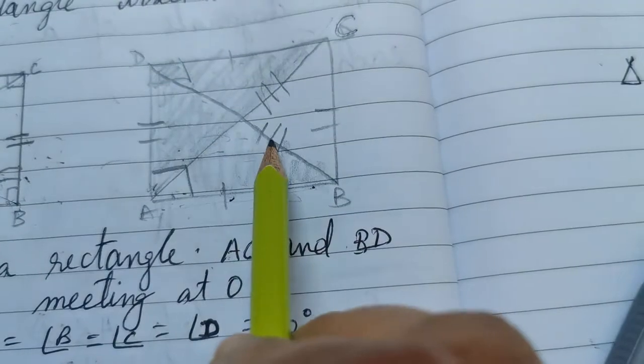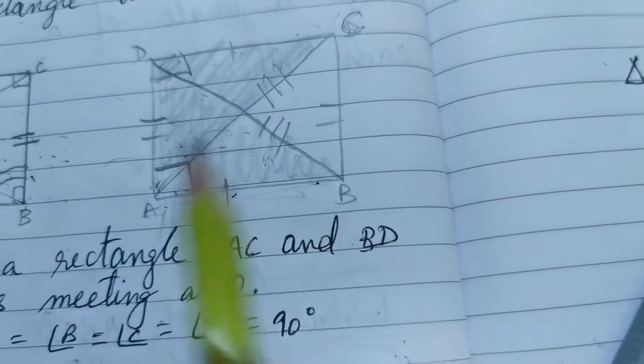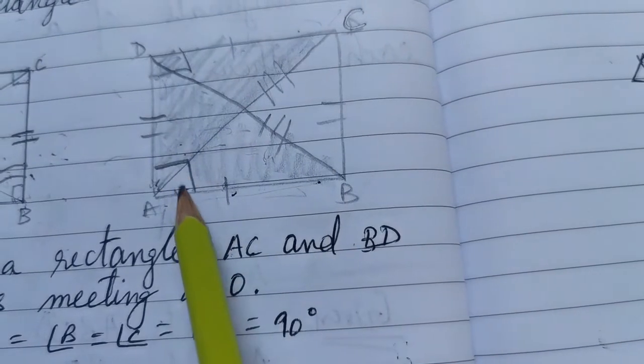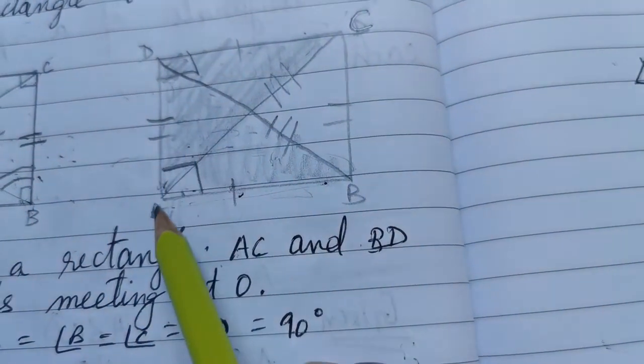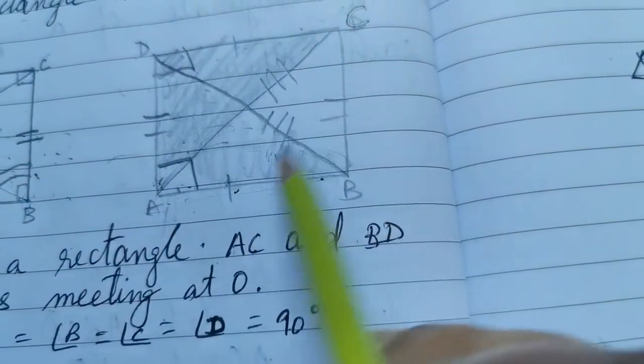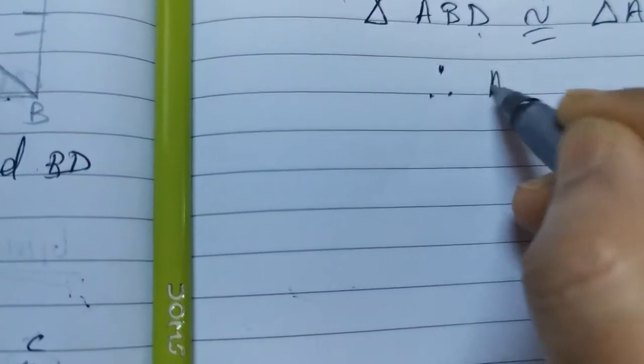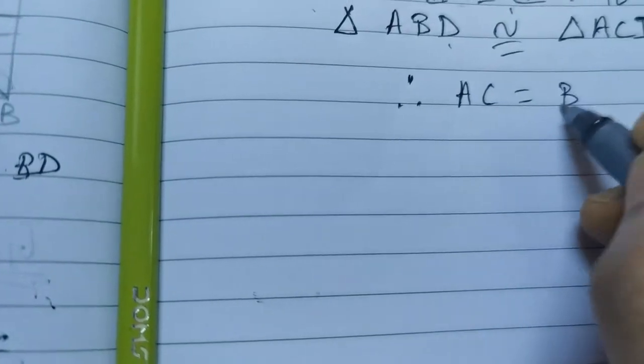So these two are the same. What are these two sides? BD, which belongs to triangle ABD, and AC, which belongs to triangle ACD. Therefore AC is equal to BD.